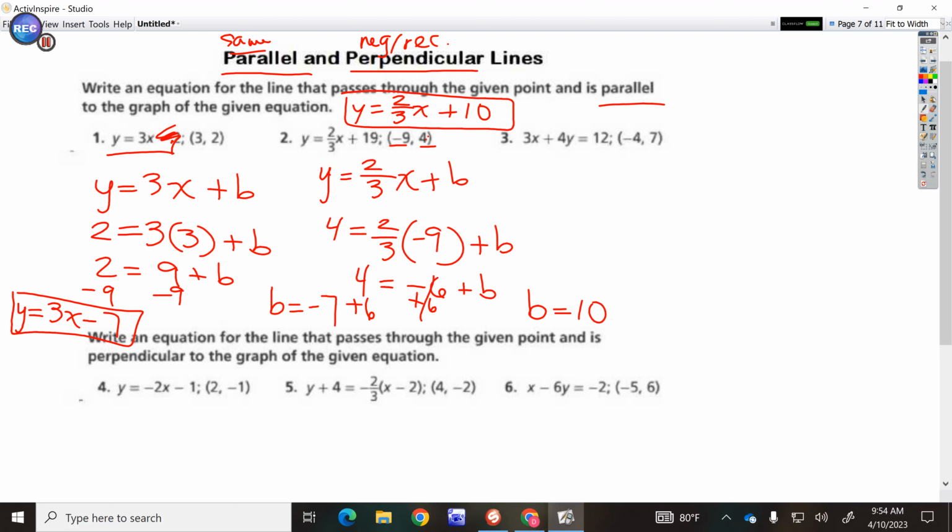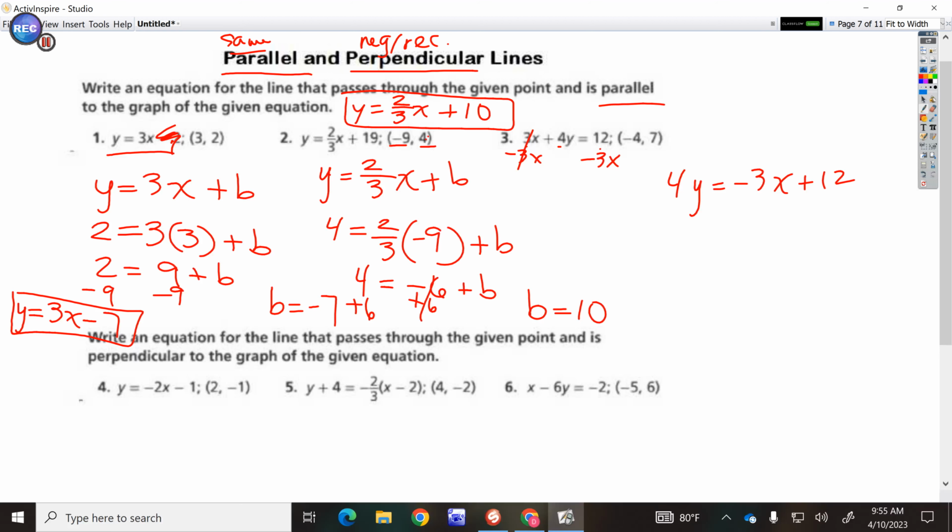All right, over here. See how that's in standard form? What I want you to do here is move it. So minus 3x, minus 3x. That's your first step. Bring down what you have. 4y equals -3x plus 12. So all I did is subtract 3x.